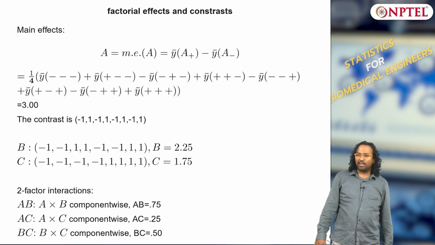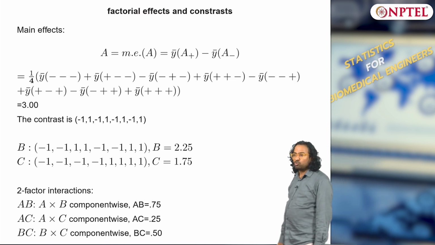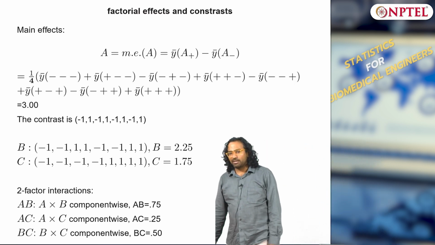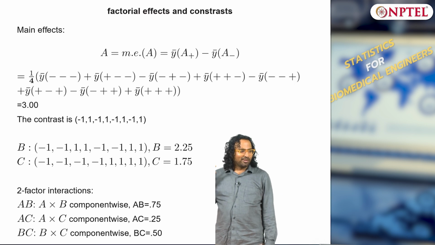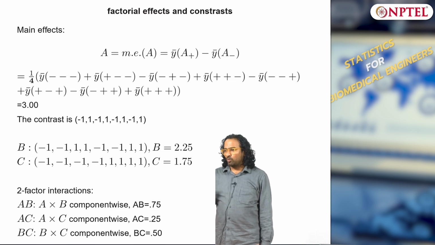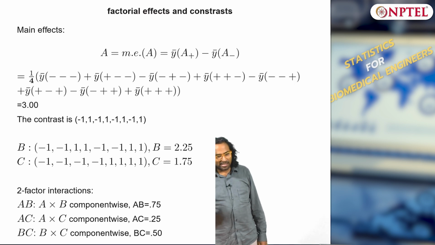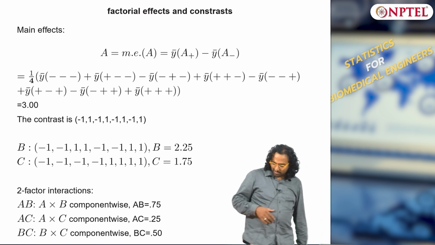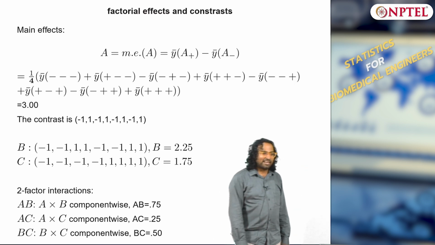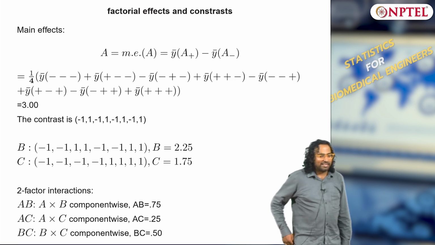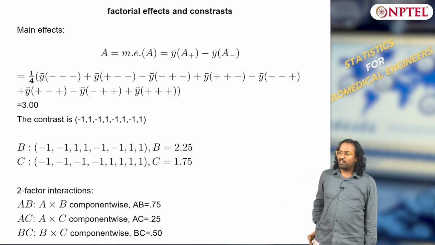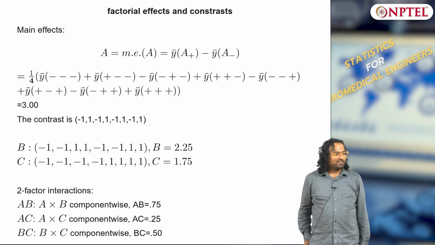See, some books will take you for a ride by constructing a cube. If you look at it geometrically, it will become a cube, and your 2 power 2 experiment is a square. Square is easy, cube will become difficult, right, slightly complicated, and the diagonals will play something important, off diagonals will play something important, etc. Okay.